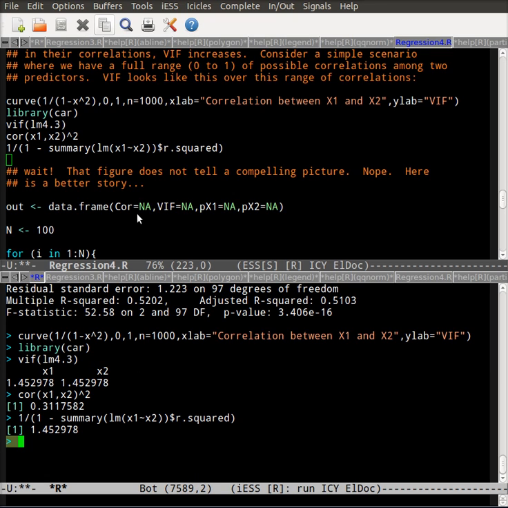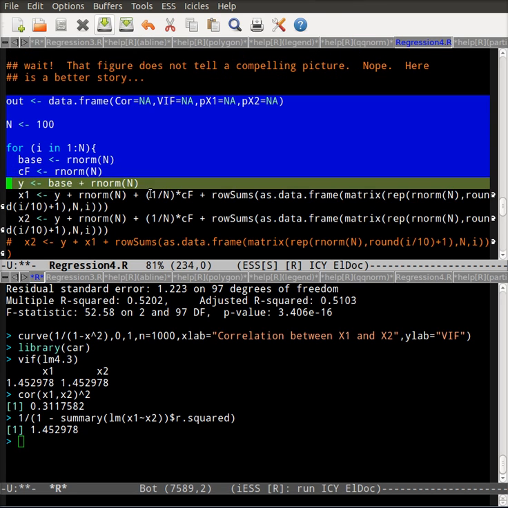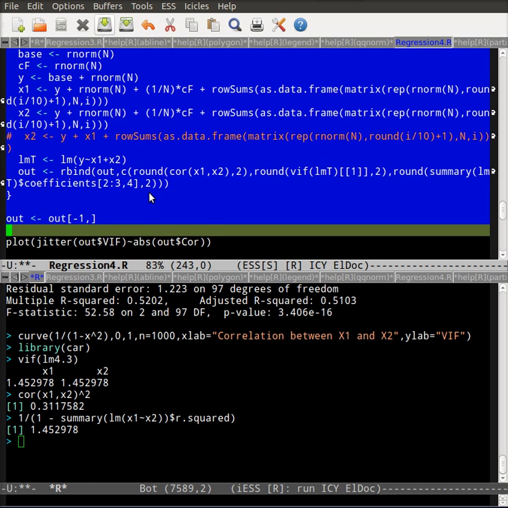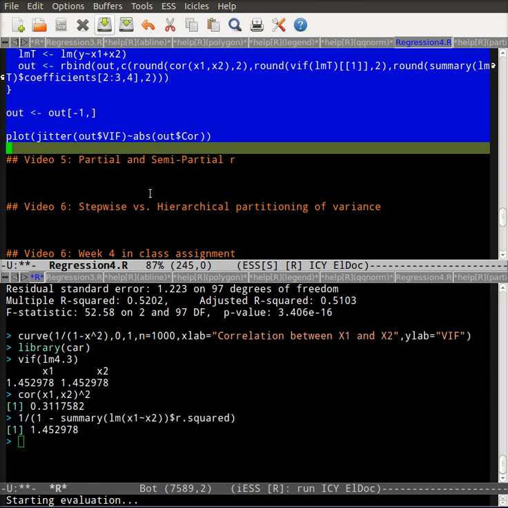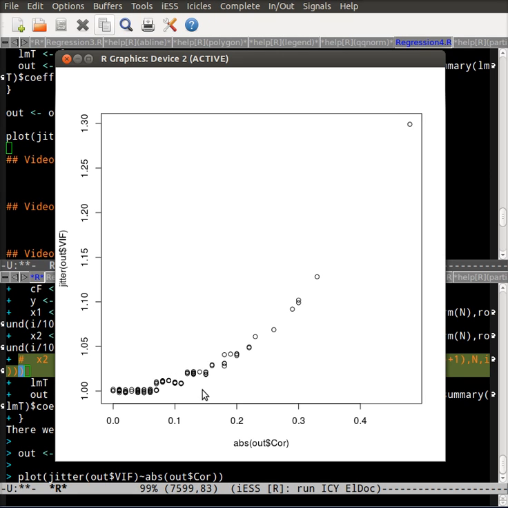What is interpretable is whether our hypothesis tests change based upon our multicollinearity problems. And here what I've done is I've changed the absolute correlation, because sometimes things can be negatively correlated. And here's VIF. And I just jittered it because there's a lot of redundancy.